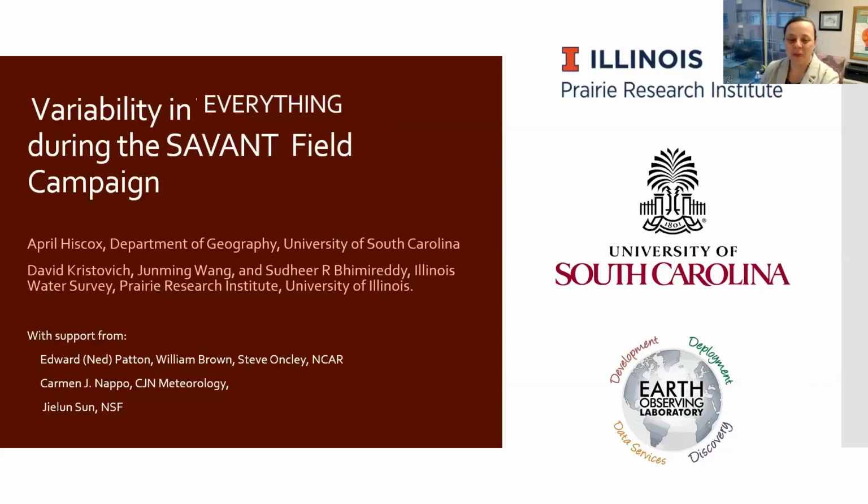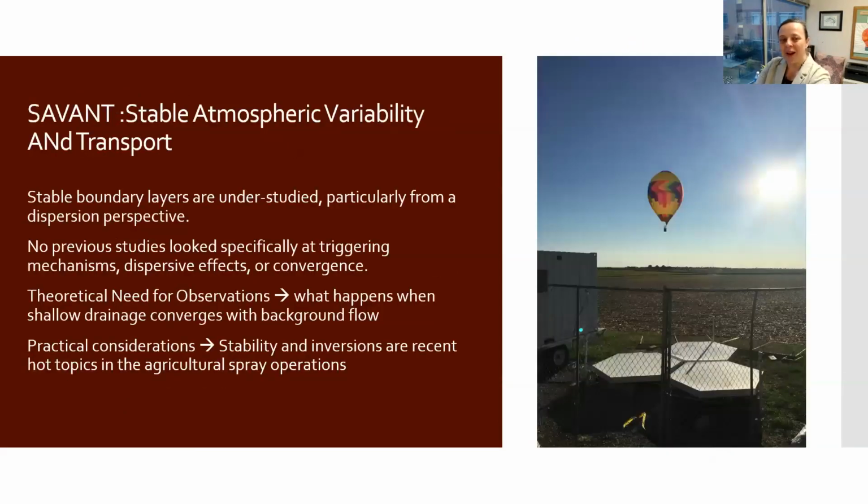So just a few background words on Savant. This was a field project that we did in the fall of 2018 in Illinois, and it was called Stable Atmospheric Variability in Transport. And the motivation for this was that the stable boundary layer is understudied, and particularly from a dispersion perspective.